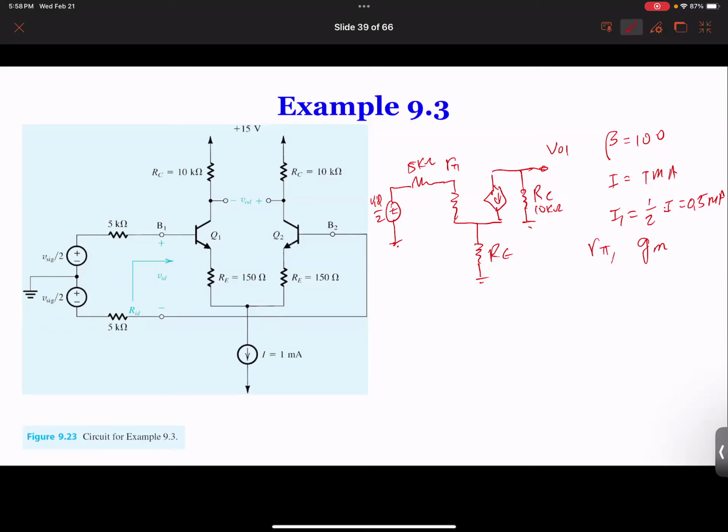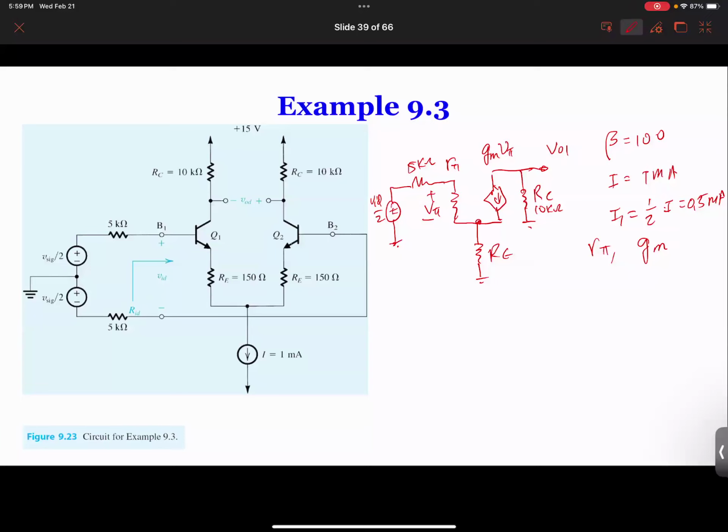And then this is V pi, and this is GM times V pi. When we calculate all of this, we can do a nodal analysis, or we can do current combinations.